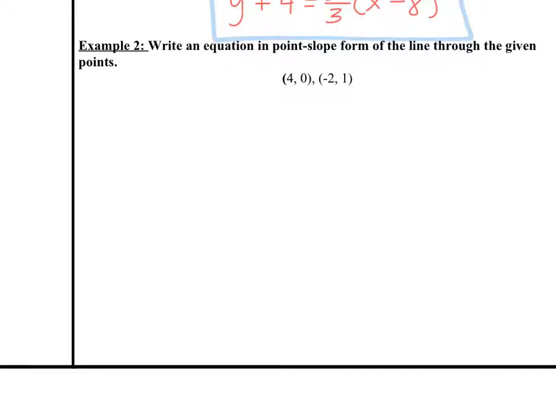We've found the slope so many times. I'm going to make a table. You can do however way works for you. Your change in Y would be +1.